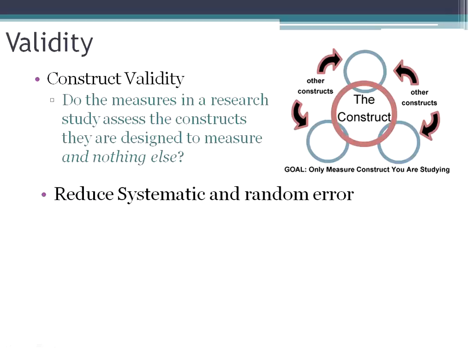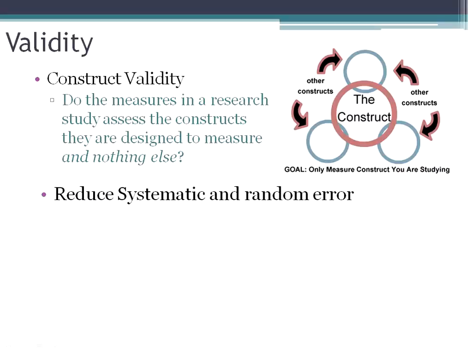So when we talk about validity, one form of validity that we're interested in is what we call construct validity. And this is kind of what we've been talking about all along. Do the measures actually assess the constructs that they are designed to measure? Right? If I have a measure of college readiness, does it measure college readiness and not, for example, whether or not you are part of the dominant culture or whether or not you went to a school that had more financial resources?